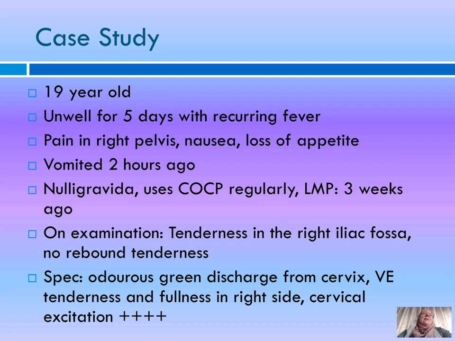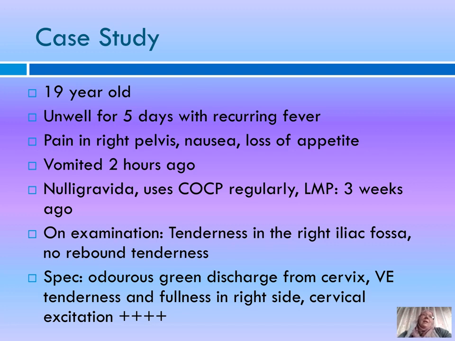The next patient is a 19-year-old who has been unwell for 5 days with recurring fever, pain in her right pelvis, nausea, loss of appetite, and she vomited 2 hours ago. She's a nulligravid patient who takes the combined oral contraceptive pill regularly, and her last menstrual period was 3 weeks ago.